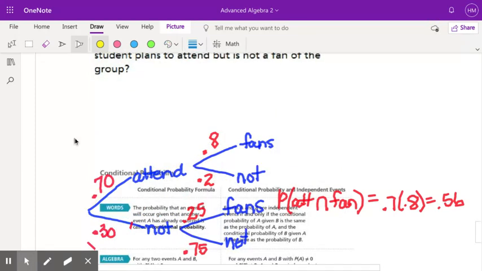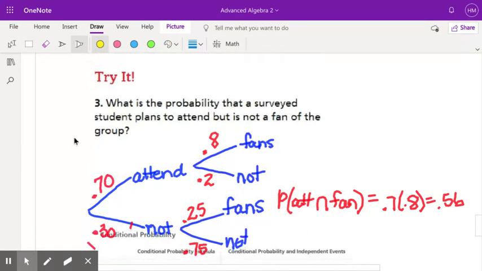All right, so now let's look at that part B that you guys actually have. My tree diagram's going to travel with me. Okay, what is the probability that a surveyed student plans to attend but is not a fan of the group? So here, plans to attend but is not a fan of the group.